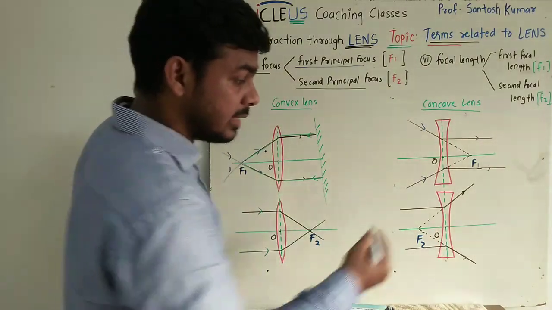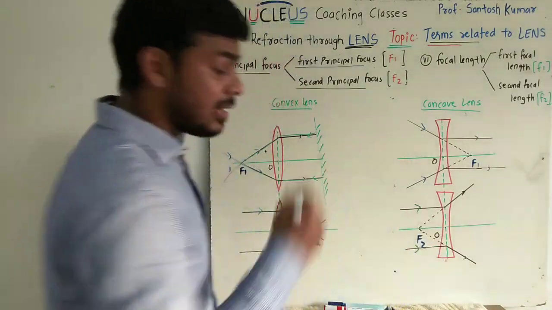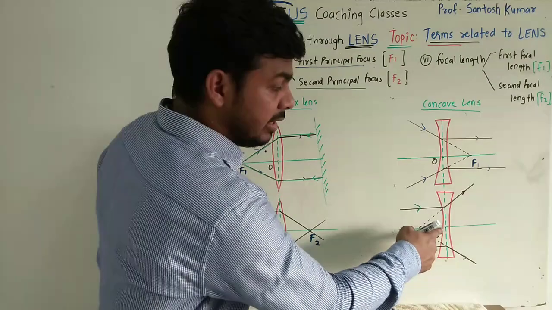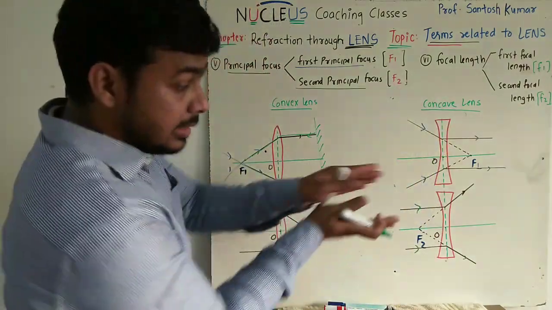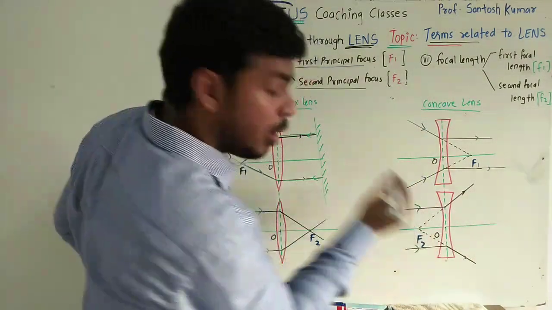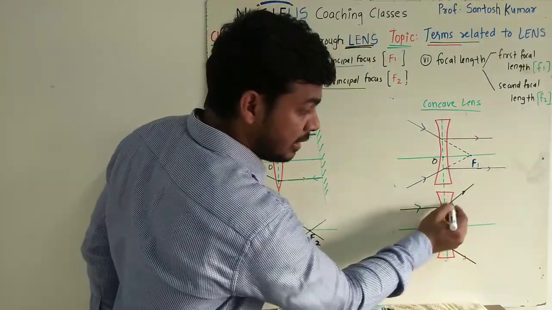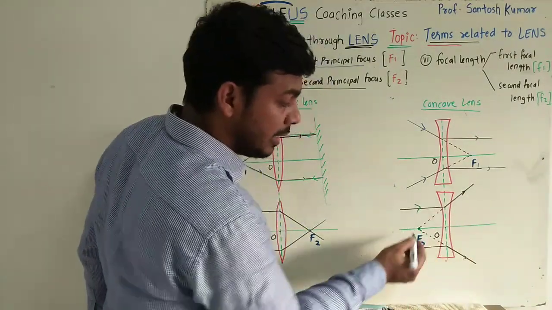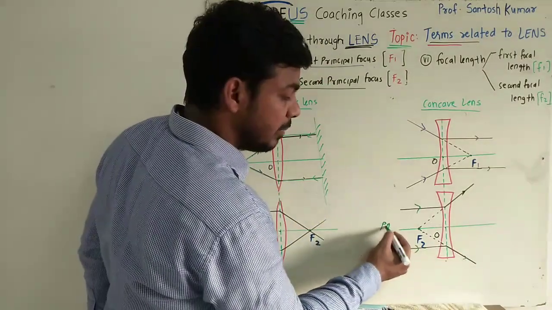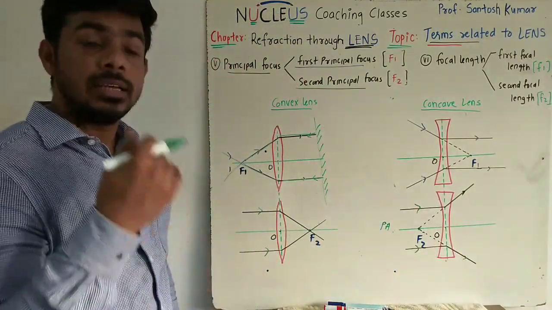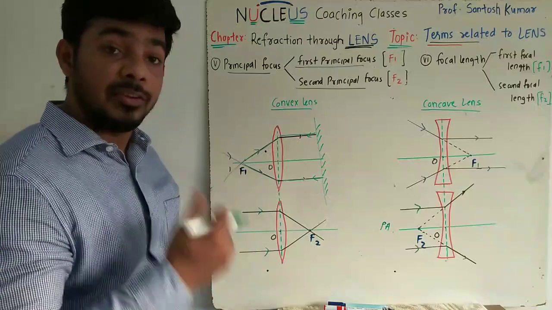You can see the opposite case. So if the rays are traveling parallel to principal axis and refracted from concave lens, they appear to be passing from a common point. You can see these refracted rays appear to be coming from this point which lies on the principal axis. Such a point is called second principal focus, F2.